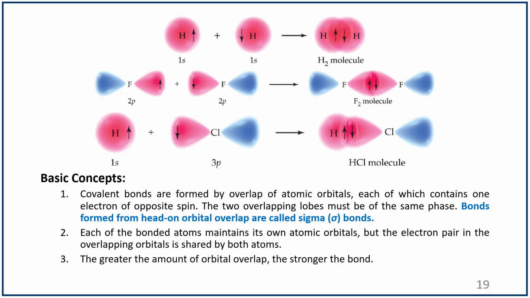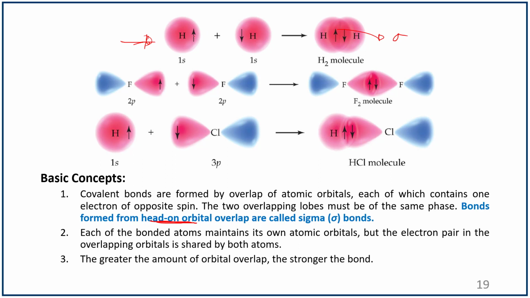Now if you have a head-on overlap, then the bond formed between these two 1s orbitals is called a sigma bond. Okay, so this is a sigma bond, and a sigma bond is always a head-on overlap of two atomic orbitals.